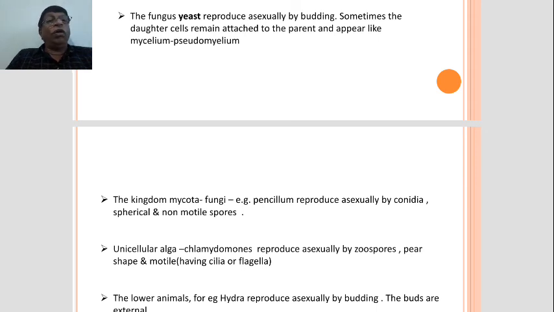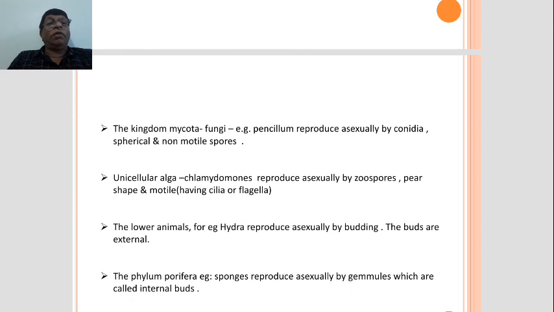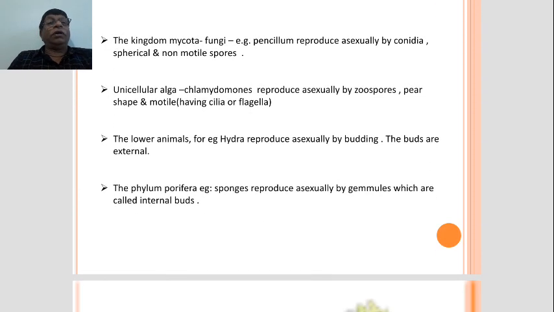It is called pseudomycelium. Pseudo means false mycelium. So, how does the yeast reproduce? The yeast reproduces by budding.